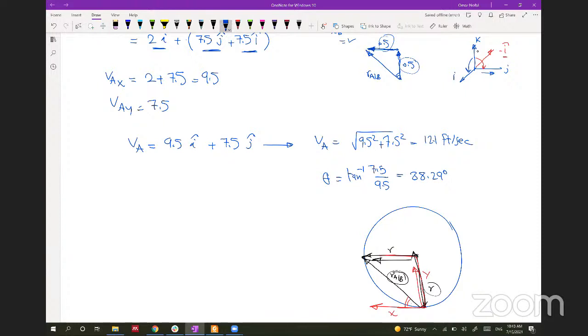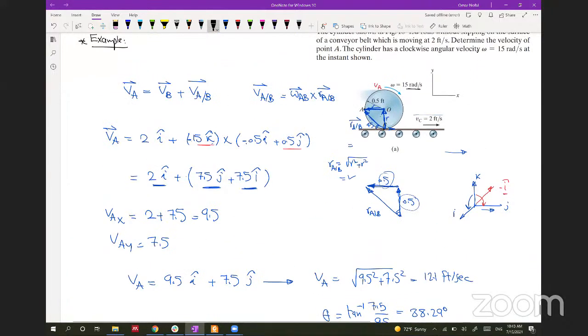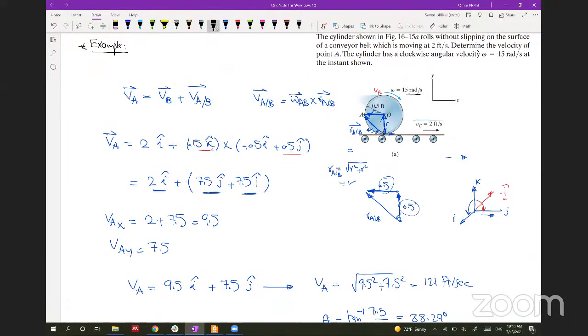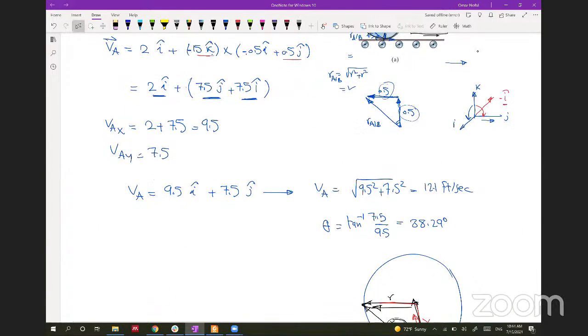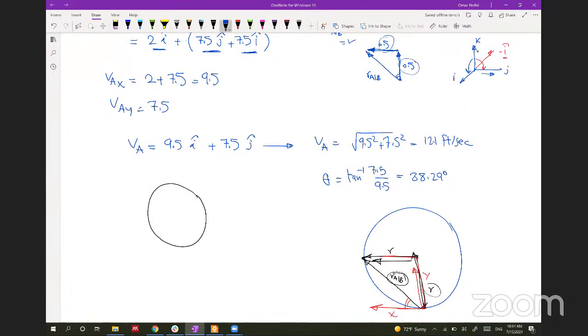If you are driving your car or a bicycle, it's something similar to this, but the thing is that the ground is not moving. So now you have a conveyor belt that is moved, so it means that the ground is moving with respect to this cylinder. But if you are driving your bike, and this is the wheel of your bike, the ground is not moving, so V at B will be equal to 0.